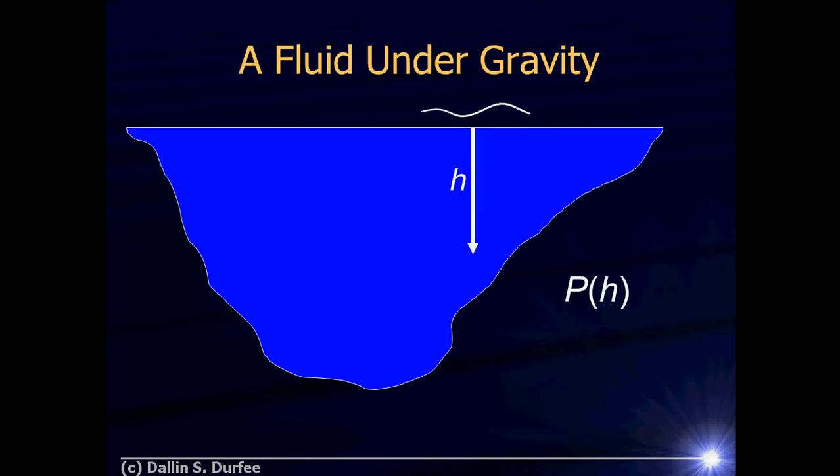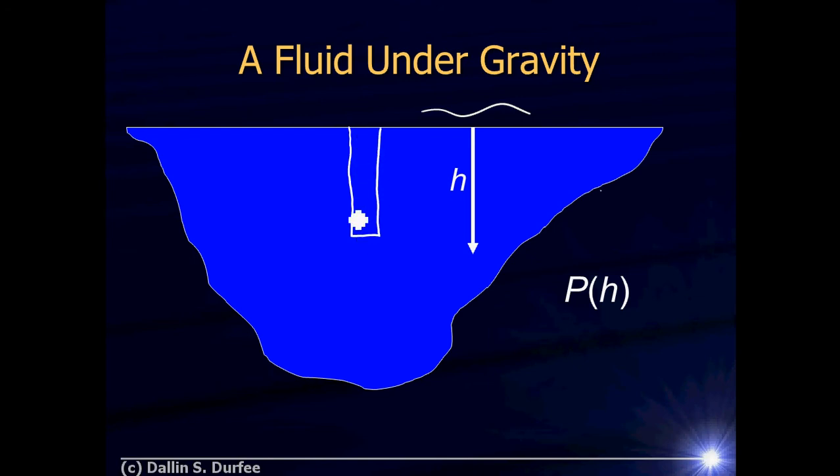We're going to use that definition now to figure out what the pressure is at a given depth in a fluid. So imagine I have a fluid which is not flowing. It could be a lake. Imagine that there is a column of water in that lake, a cylinder of water.